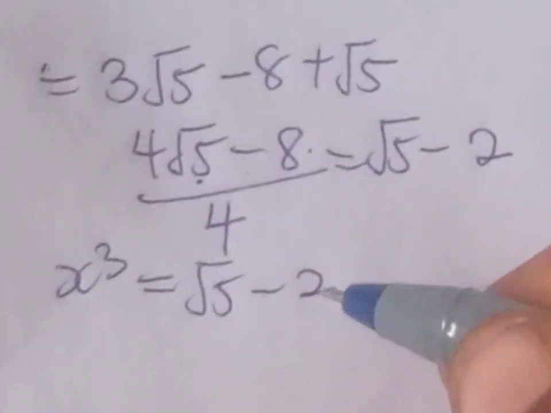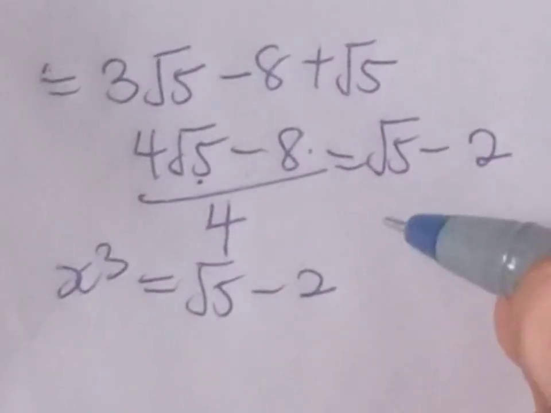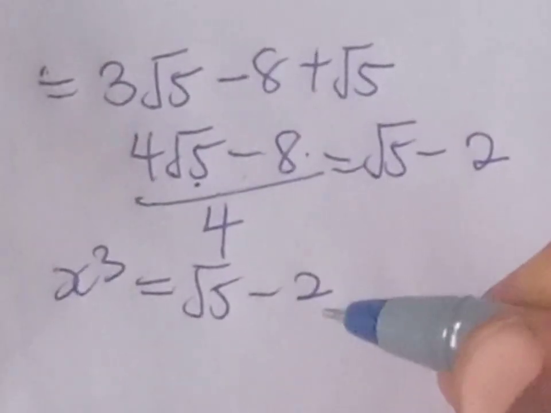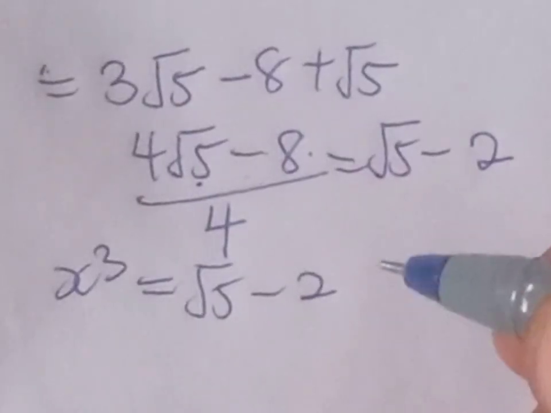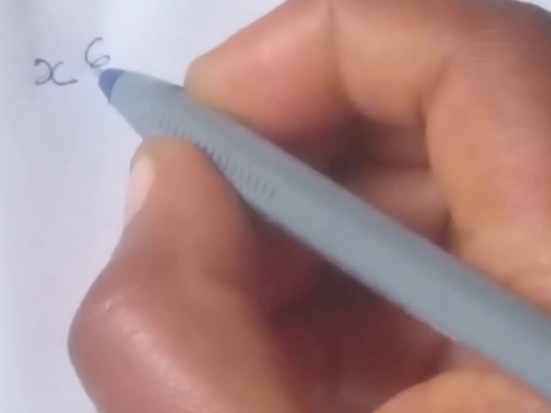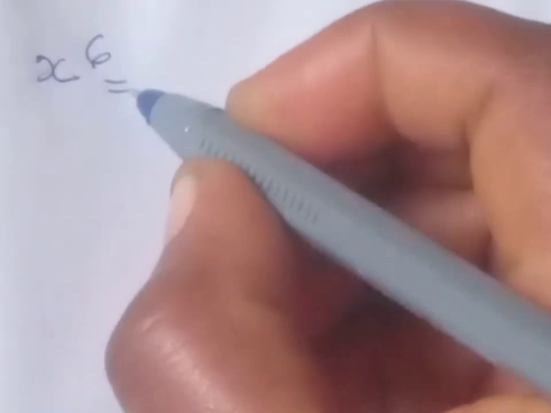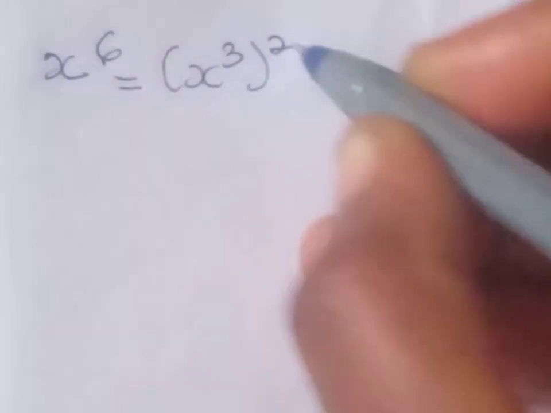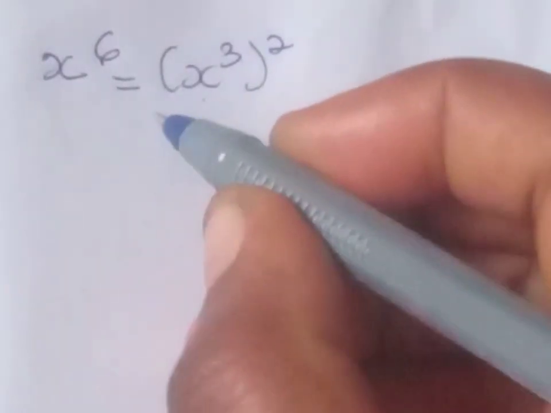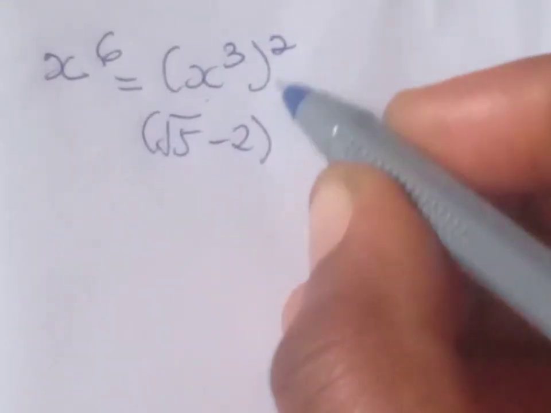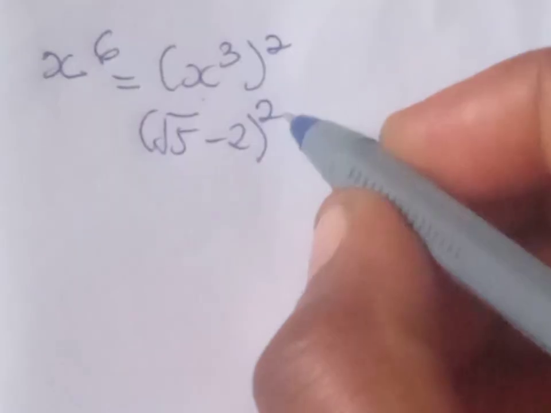Let's calculate x raised to the power of 6. We've known x square, we've known x cube. The next thing is x raised to the power of 6, which will give us x raised to the power of 3 to the power of 2. X raised to the power of 3 is root 5 minus 2, so we'll put our square there.